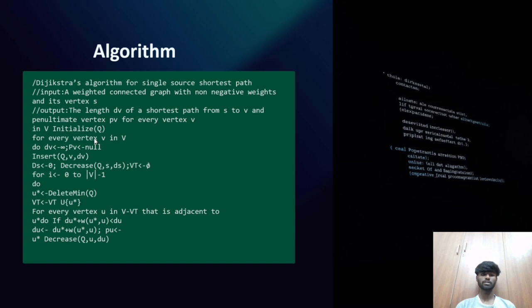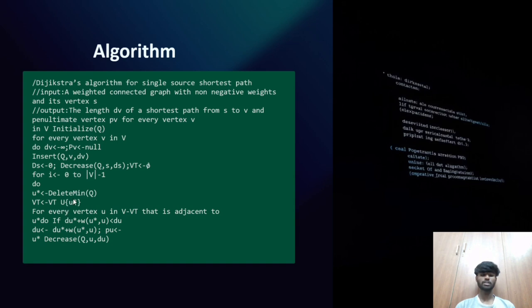Initially, a priority queue Q is used to store and extract the vertex with the minimum tentative distance efficiently, and Q is used to determine the next closest vertex to process. dv means the distance from s to vertex v, and here ds is equal to 0, which sets the distance from the source to itself to 0 because it's already at the source.